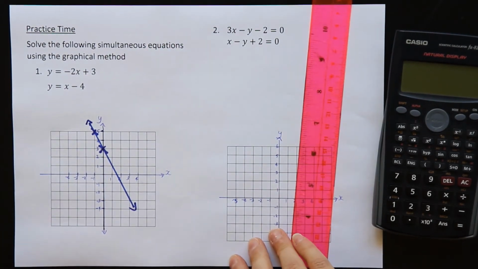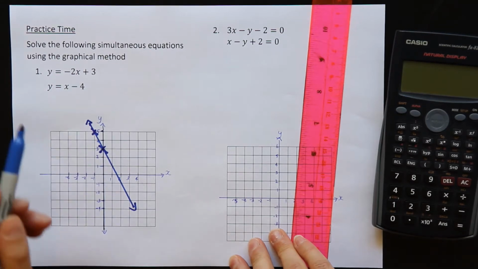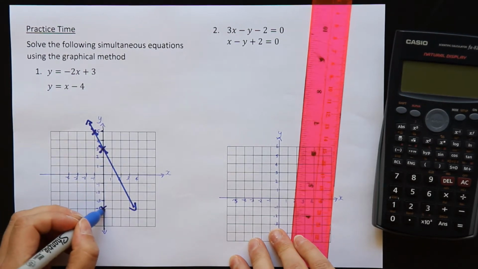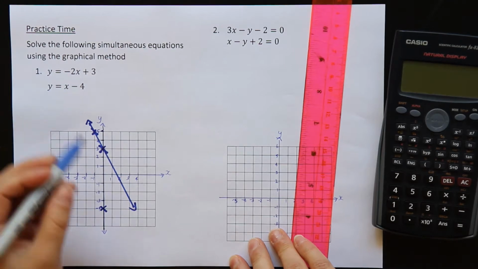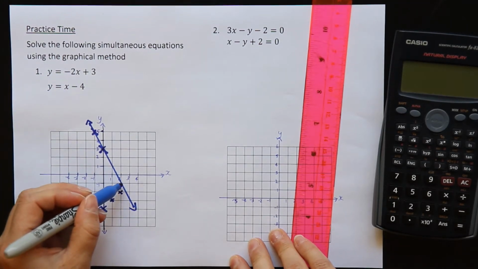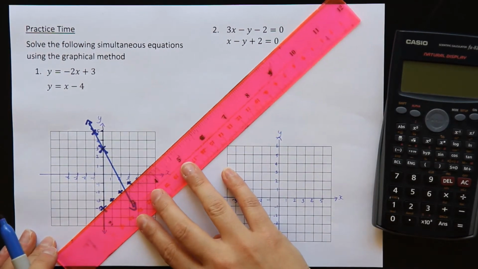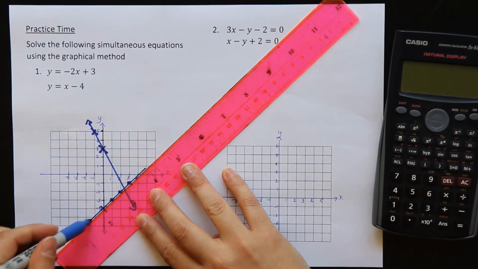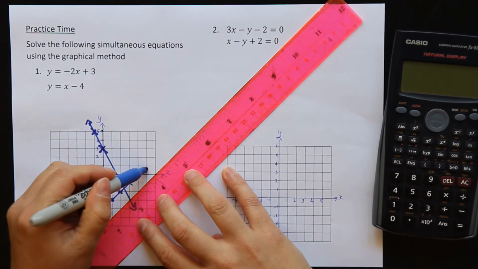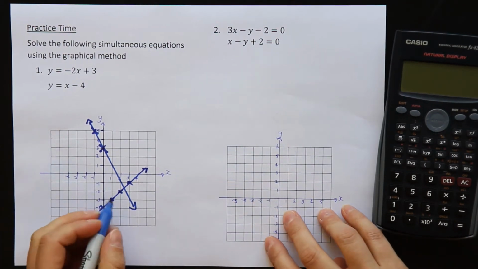Okay, now my second line, y equals x minus 4. Minus 4 is my intercept, and my gradient is 1. Rise 1, run 1. Could do that one a few times, that's a nice easy one. Alright, so best we can, let's read off a solution.